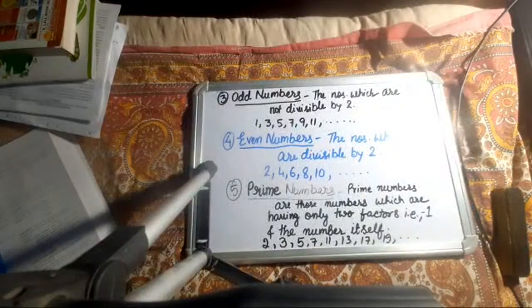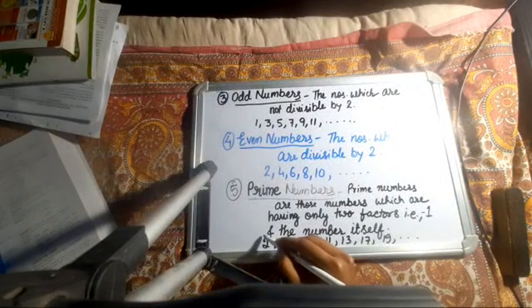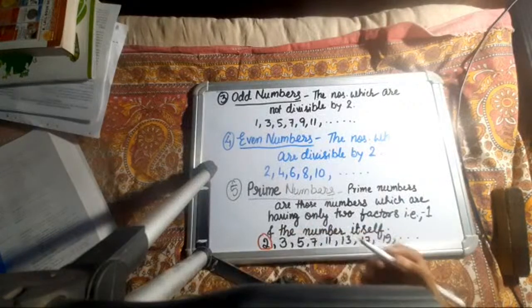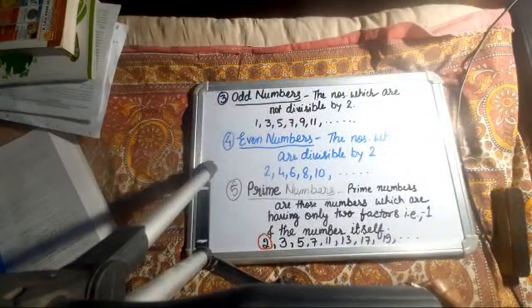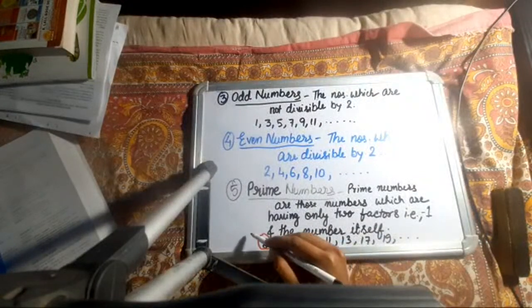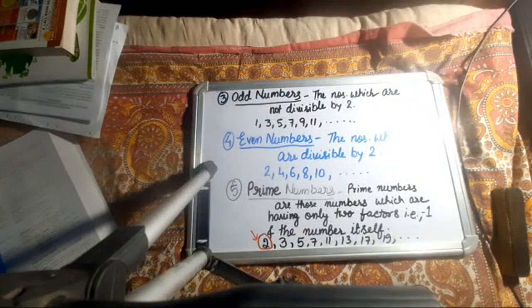So you will remember that only 2 is the even prime number, all the other prime numbers are odd. This is one exceptional case of prime numbers, that 2 is the only even prime number. Okay, now from prime numbers we will come to two more definitions, that is twin prime and co-prime numbers. So let's move forward.